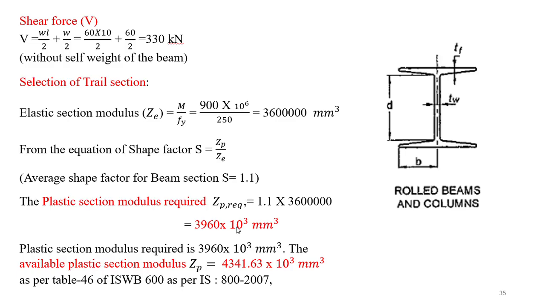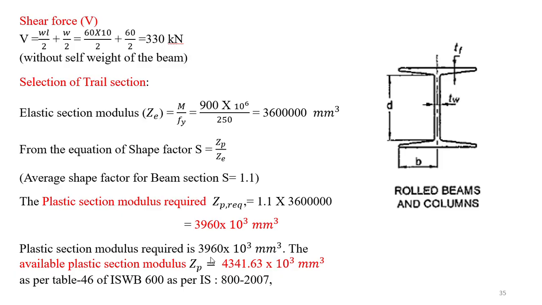The trial section we select should have a section modulus more than this required value. I have gone through IS 800 2007, from table number 46, and chosen a section such that the ZP value is more than 3960.